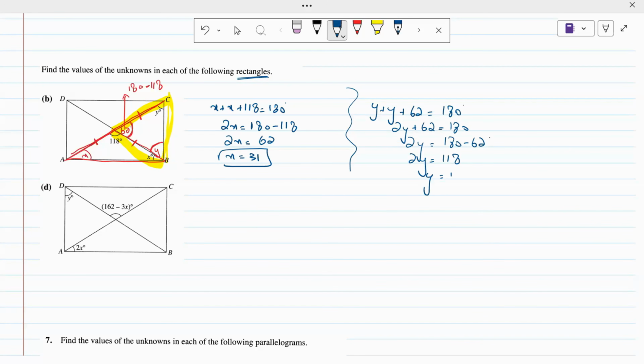And y is equal to 118 upon 2, which is 59 degrees. So this was all about part B.